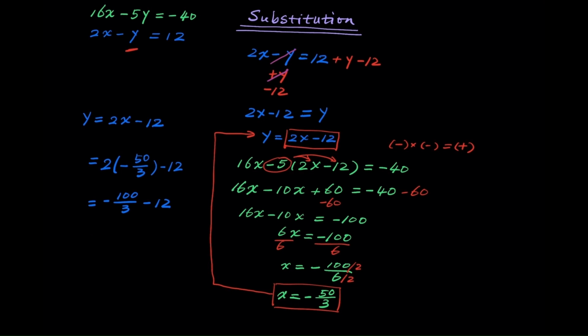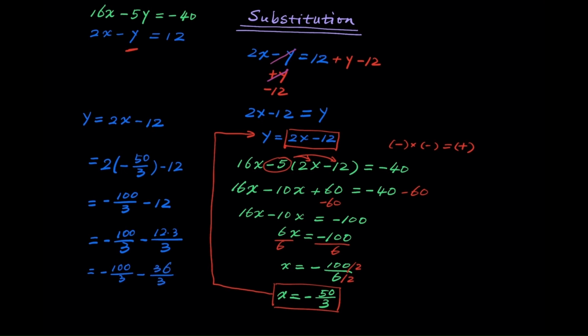To combine these two numbers, we need a common denominator, right, which is 3. So we can rewrite 12 as 12 times 3 over 3, right? So this equals negative 100 over 3 minus 36 over 3.